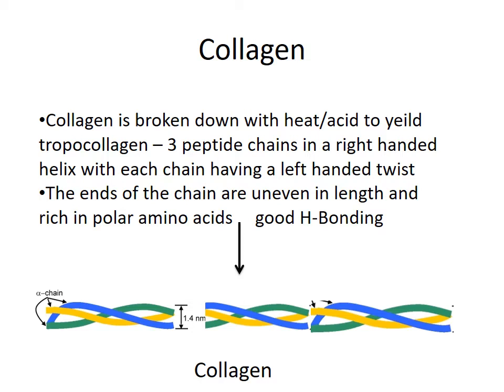I don't think we need to get too much more detail than that, but each of the fining agents has a different length and a different size to the collagen. So isinglass has a different length than albumin, than casein, and gelatin. So they're all going to have slightly different effects. We'll go ahead and talk about how each one of them works a little differently.